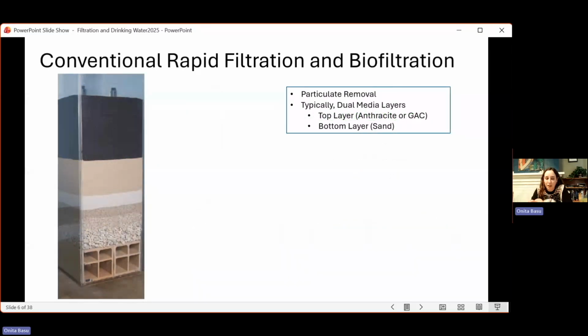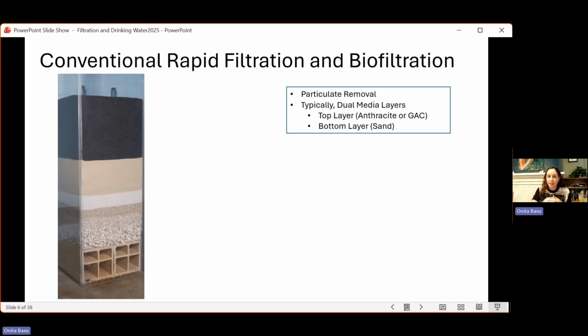First of all, because I think we all come from varied backgrounds, if you haven't seen a cutaway of a filter bed, I wanted to make sure you could see what they look like. I've labeled this one as conventional rapid filtration and biofiltration because the overall bed is the exact same, and the primary goal is particulate removal to reduce turbidity that would otherwise be in the drinking water.